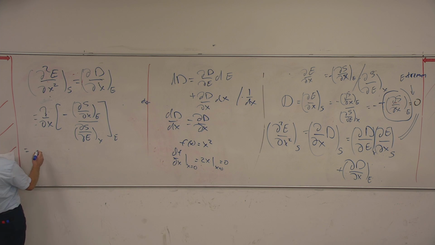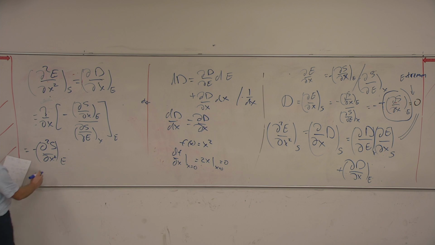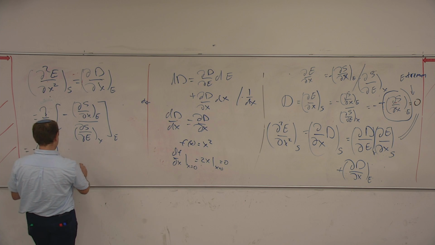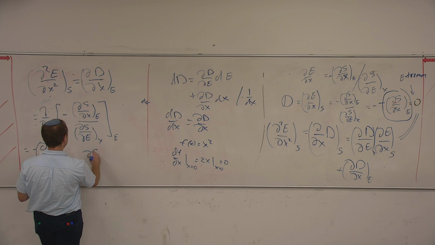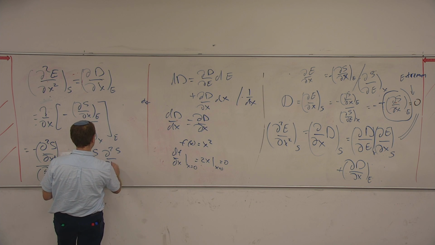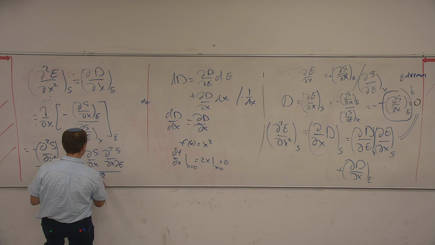Okay. So what we have over here is minus the second derivative of s with respect to x squared, divided by ∂s/∂E of x, and we have plus ∂s/∂x, ∂²s/∂x∂E, divided by ∂s/∂E squared.